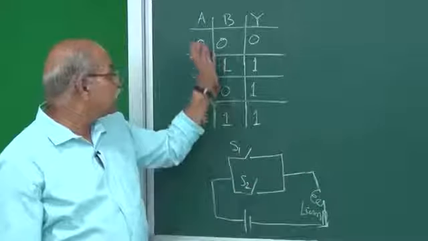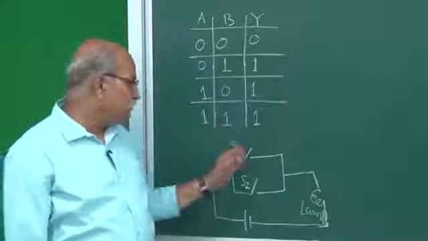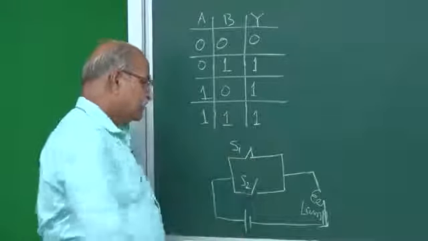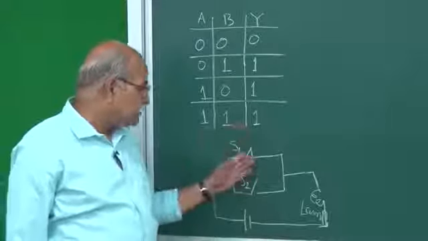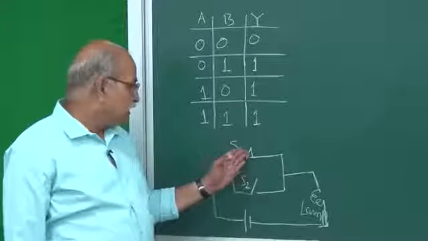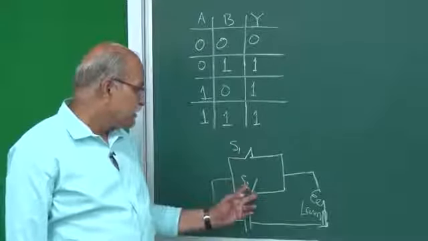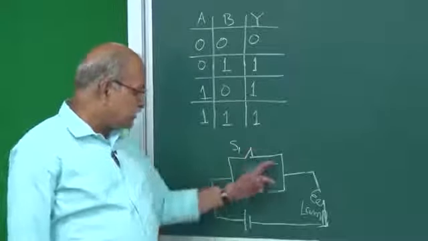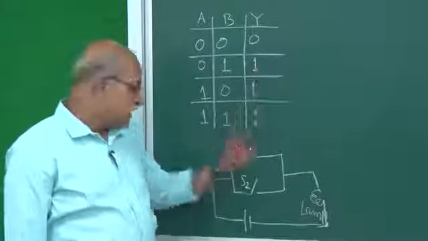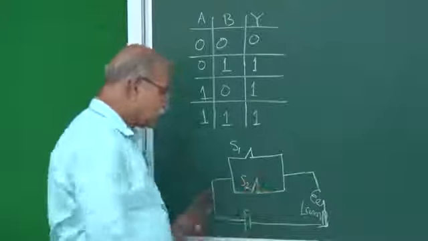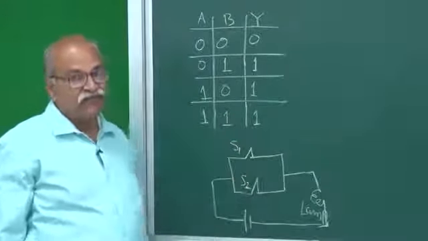So if both are 0, then output is 0. Any one of them you close, making high, this represents high. Then the current can go through this and lamp will be on and output will be 1. And if both the switches are closed, then also the output is 1. So that is like a switch.